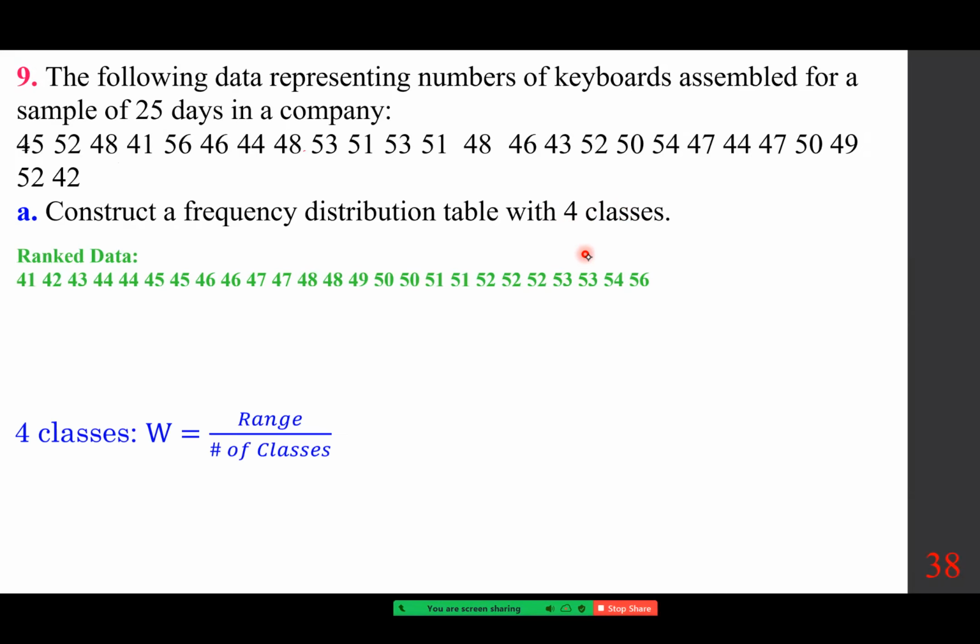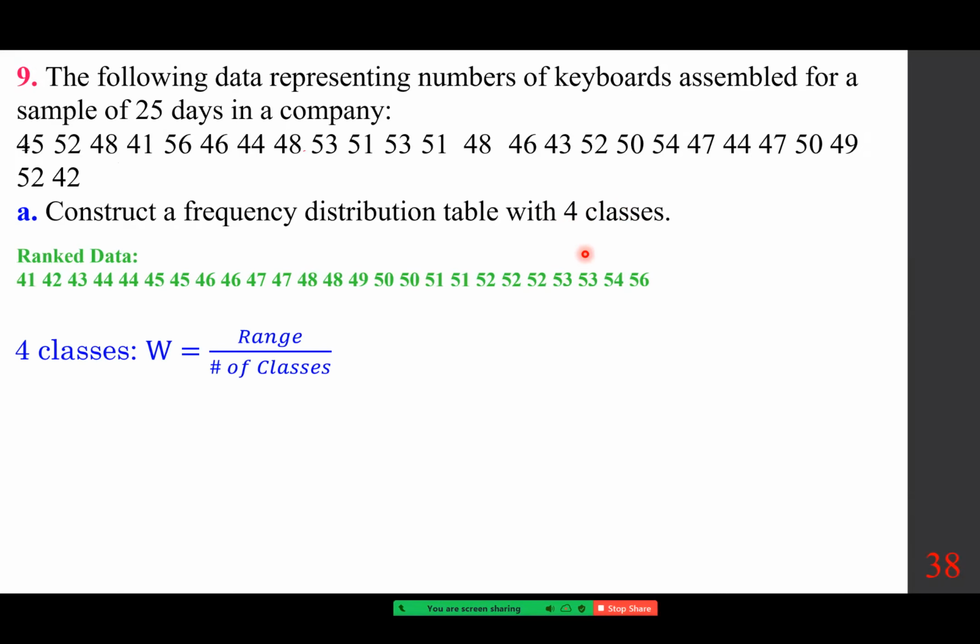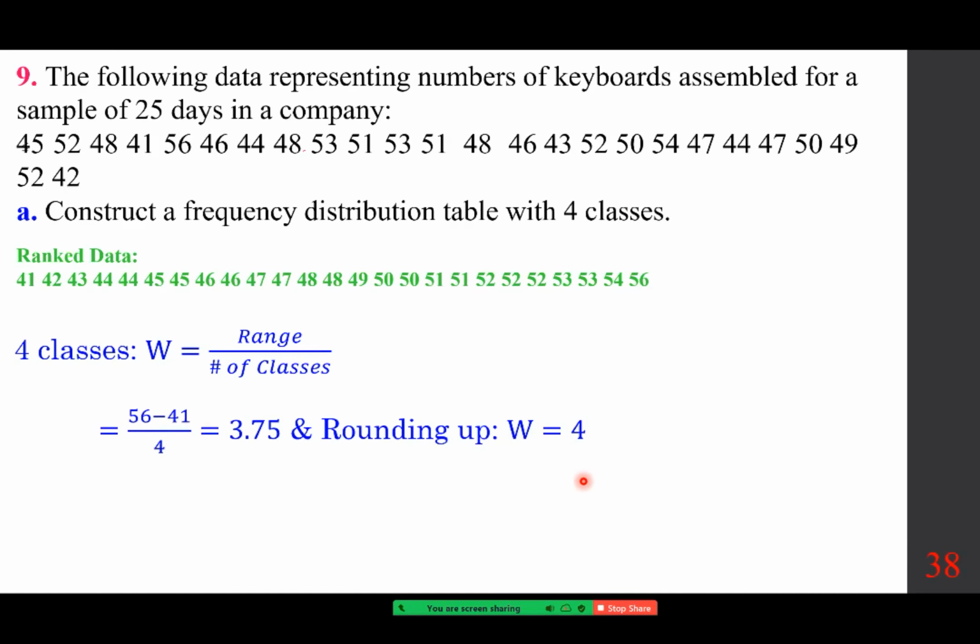So the width is calculated as the range, 56 minus 41, divided by 4. Now we have to round up just because we want to make it easy; otherwise, it will be difficult to deal with. So we round up and we happen to have a width equal to the same number. Don't mix them up. It just worked out to be the same.